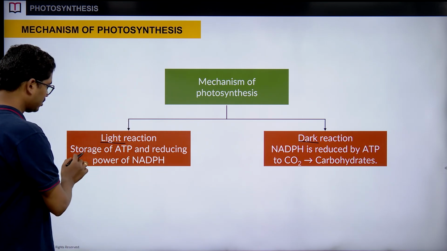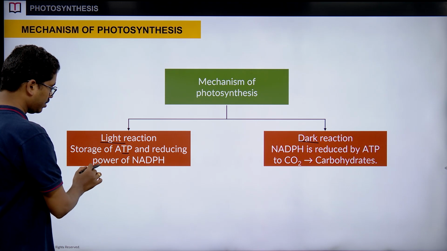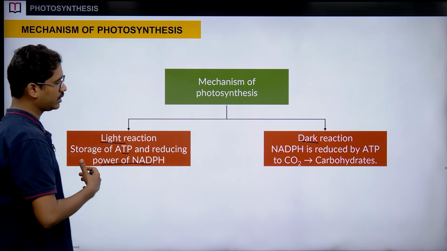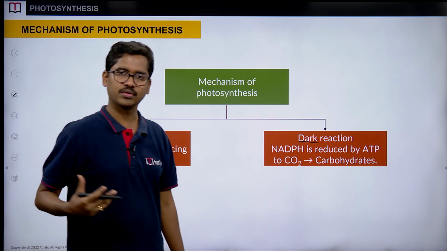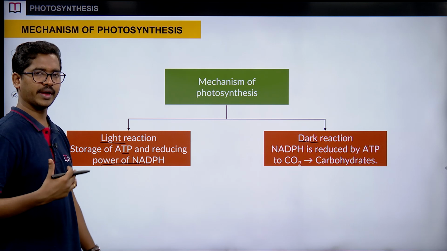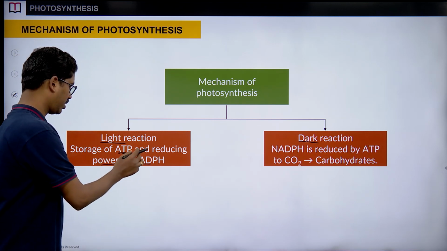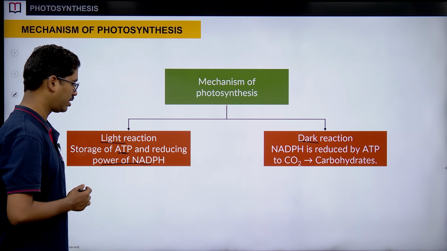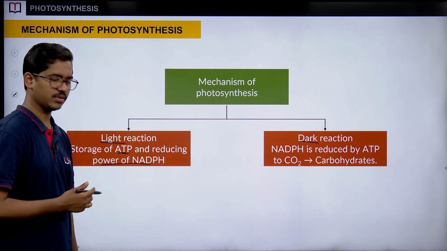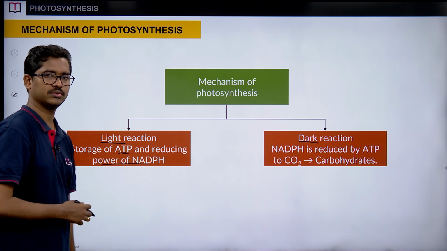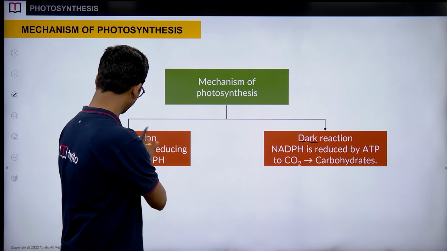Here the stored ATP and the reducing power of NADPH are used. When the process of photosynthesis is occurring, we need energy for a reaction, which is given by ATP, and we have the NADPH, nicotinamide adenine dinucleotide phosphate, which has H plus. It has to be reduced, so these are used for reducing.